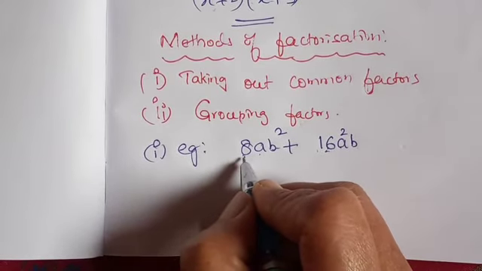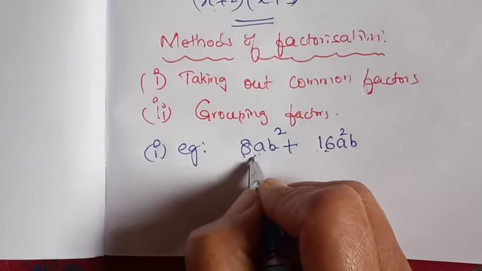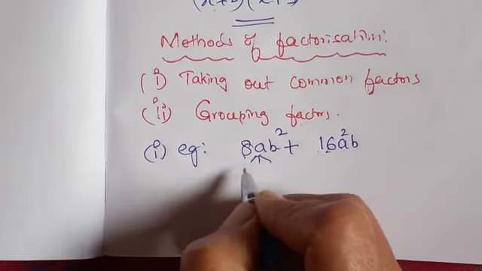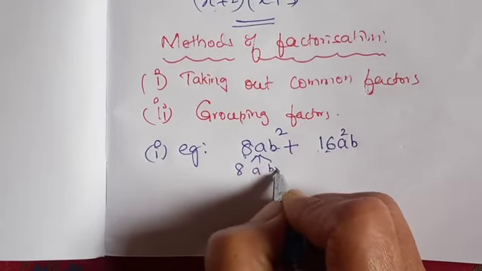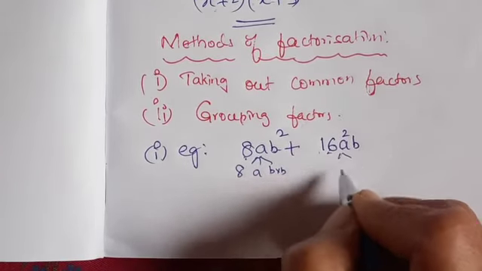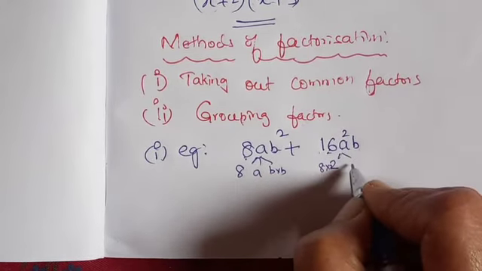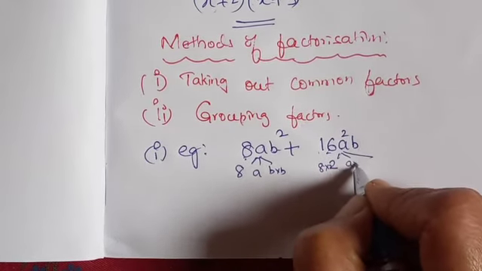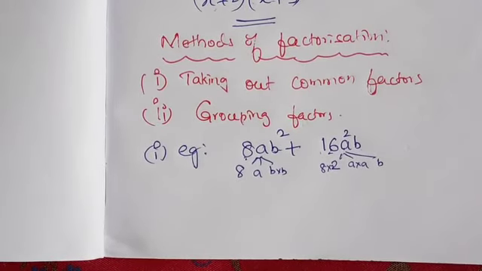So this I can write directly as 8ab into b, and this as 8 into 2, a into ab. For a few problems you do it this way, so that you can understand very easily how to factorize, how to take common.